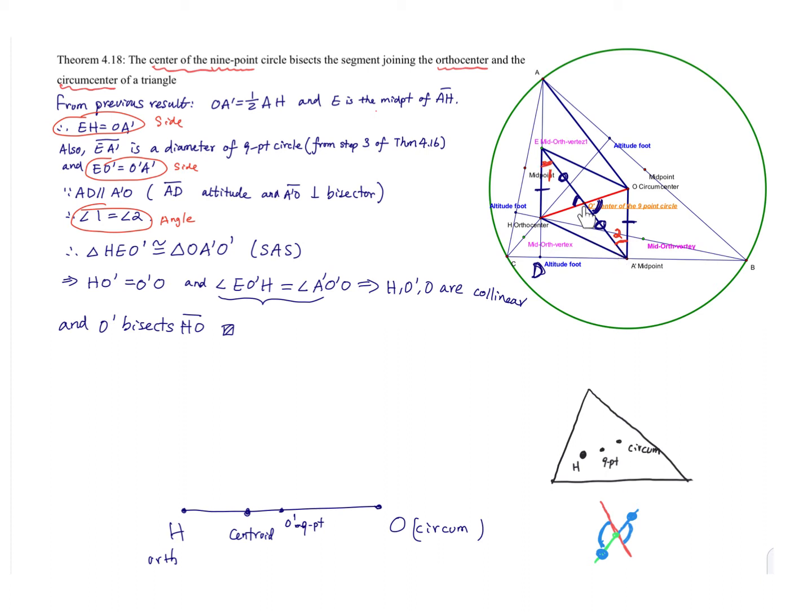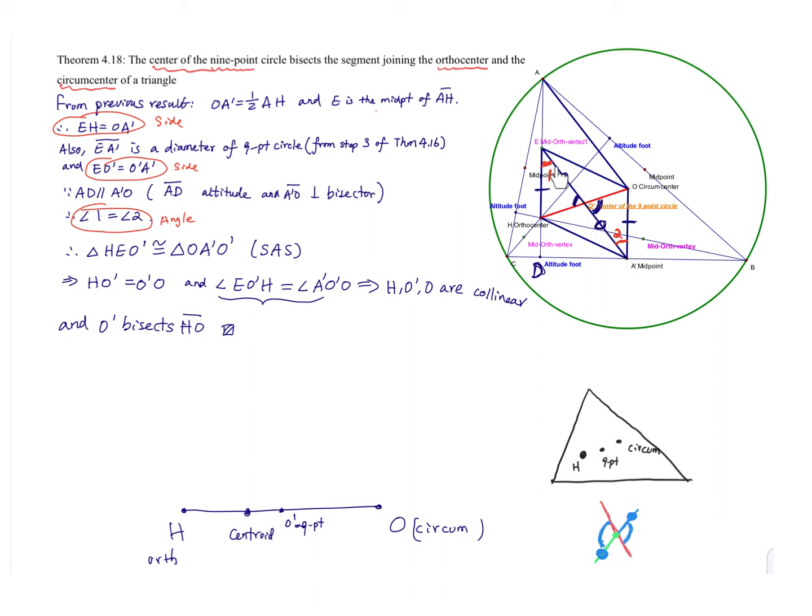Because therefore O', which is the center of the 9-point circle, and A' are collinear, since it is a diameter. So this is a straight line. Why do I need that? Because later, when I prove that these 3 points are collinear, I have to use a straight line to begin with.